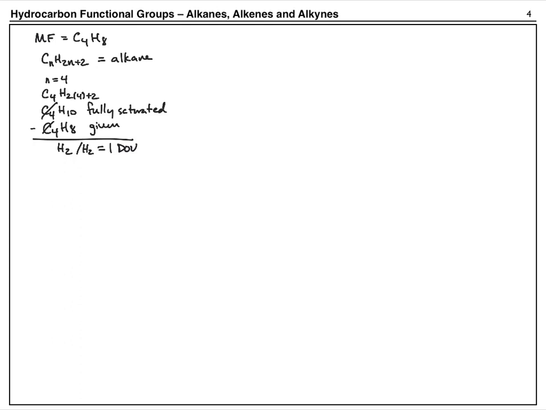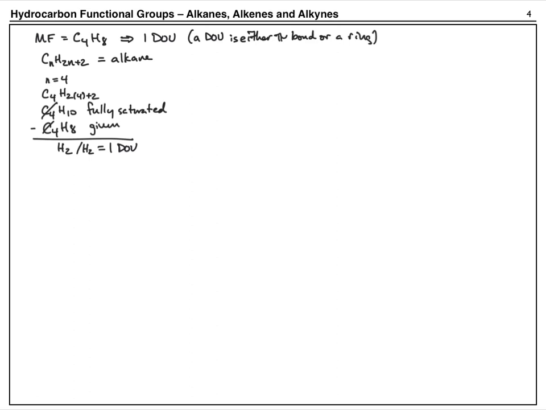So now we have some information here. With the molecular formula C4H8, we know that within that there is 1 degree of unsaturation. And we know that a degree of unsaturation is either a pi bond or a ring. So we want to, in a very logical fashion, propose all the possibilities for the structures that could have that molecular formula.